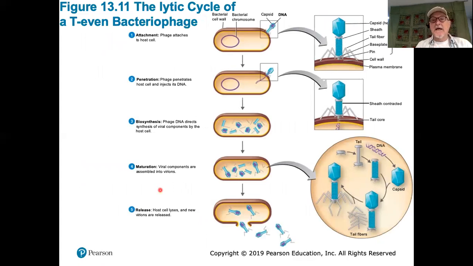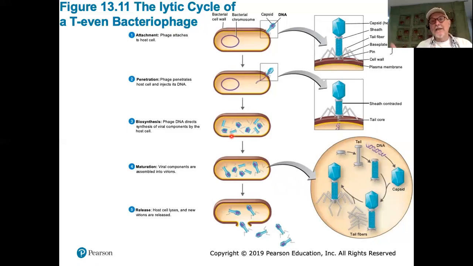So here's the lytic phase. Here's the virus, it injects its DNA. The first thing that happens is that DNA directs the production of a set of enzymes which actually destroy the host genome, keeping only those parts of the host genome functional which are useful to the virus.